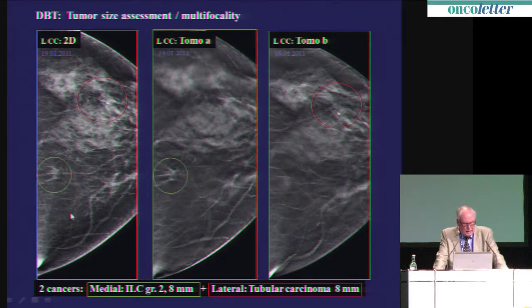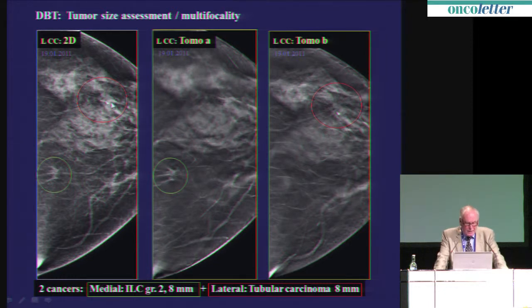Tomo is superior for the assessment of cancers, cancer size, especially in dense breast parenchyma, and for multifocality. I show you one case. On the conventional 2D to the left, we, of course, easily see this spiculated mass in the fatty part of the breast medially. On tomo, we see it better, more convincing, but there is no new information. The new information on tomo is that you also see a spiculated lesion in the lateral part of the breast.